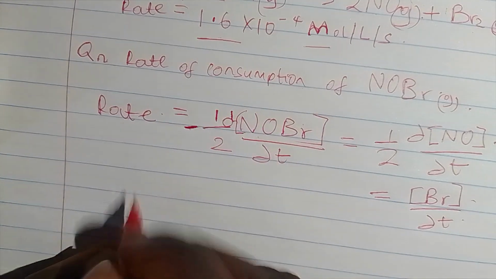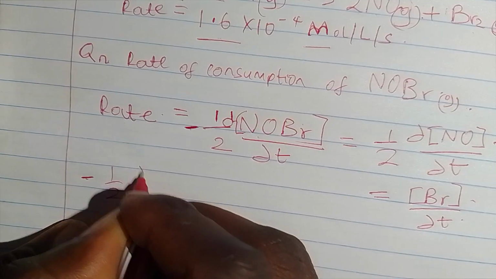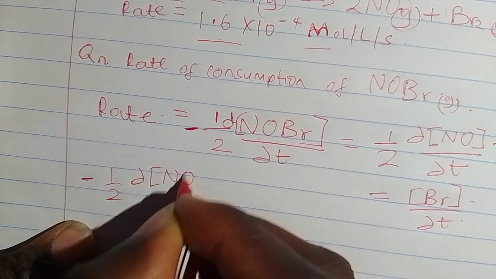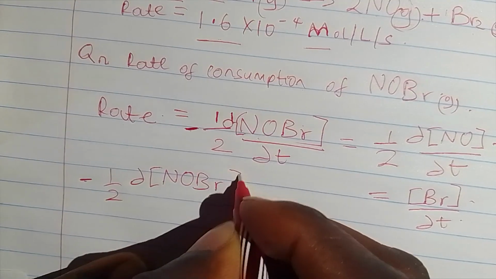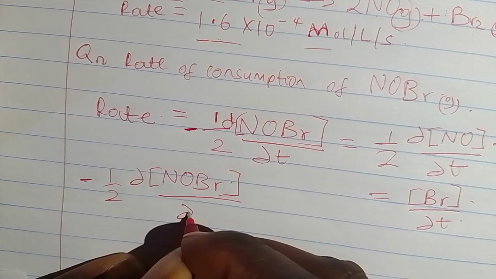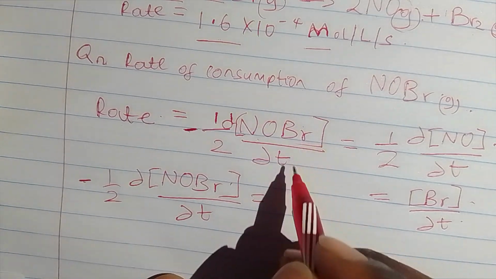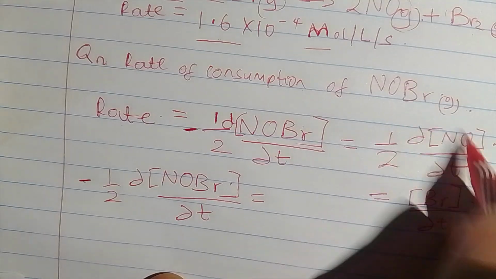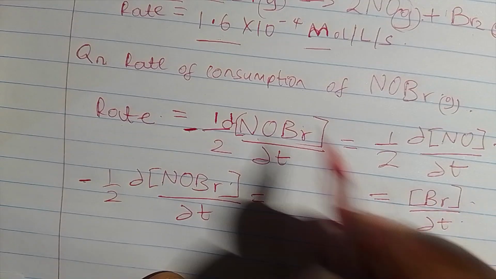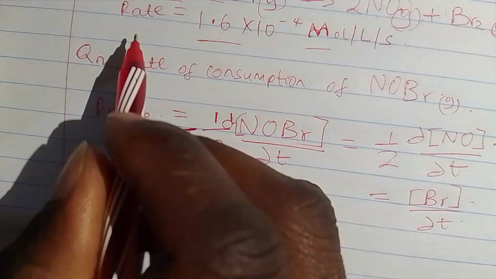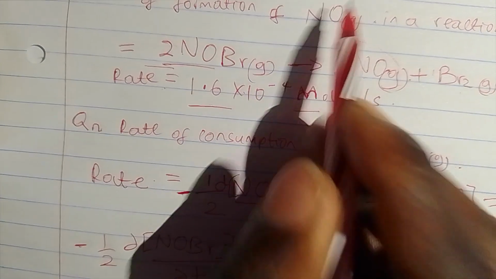So the rate of consumption of nitrogen oxide bromide is equal to the rate of formation of this gas, and it is given that the rate of formation of NO gas is this.